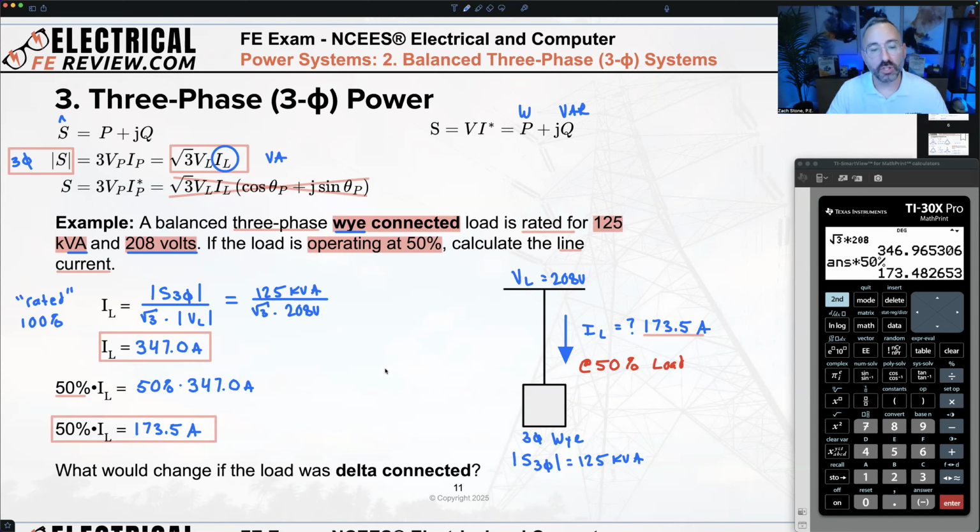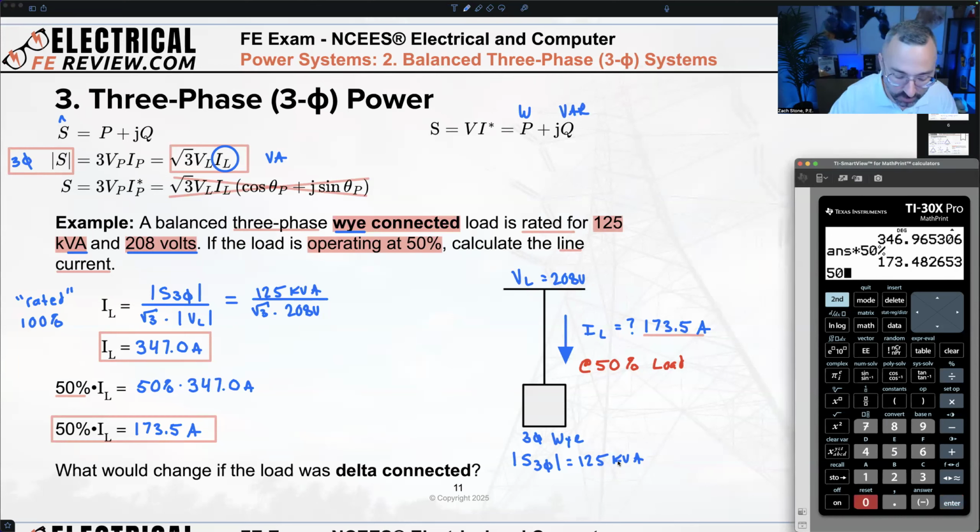How about this? What if the question asked, solve for the apparent power drawn at 50%? How do we solve for how much apparent power the load would consume at 50%? It's rated for 125 kVA, meaning at full load rated conditions, we can expect 125 kVA. But if it's operating at 50%, all we do is multiply this number by 50% as well.